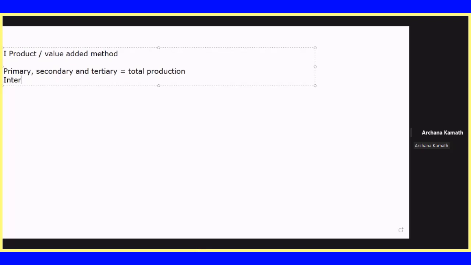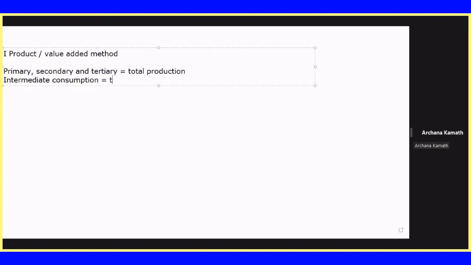Then find out the intermediate consumption of individual sector. Intermediate consumption means you are having some amount of the production that will be kept aside for future production or will be used as a raw material for next stage of production. So that kind of keeping aside, or that kind of a value of certain commodity which is not actually brought into the market, is known as intermediate consumption.